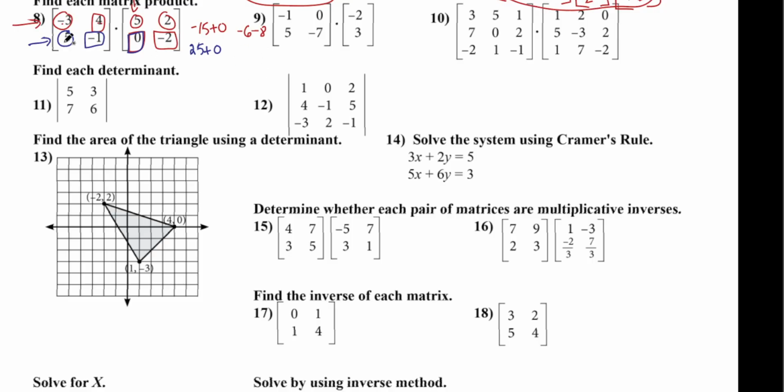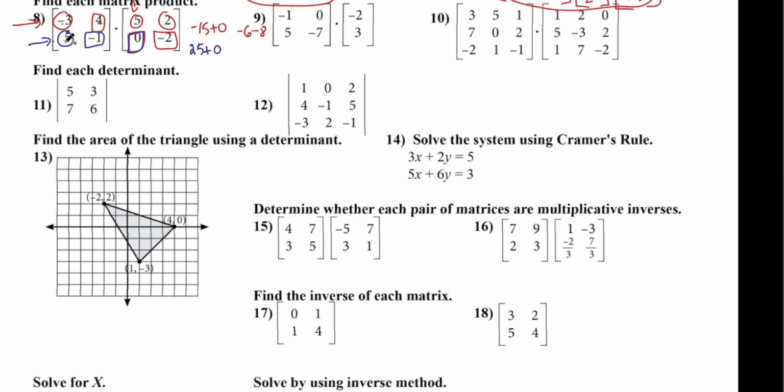Then we do the next one over, and we multiply it by these. So we're going to take that negative 1 and multiply it. I'm sorry, yeah, we did the 5. I got to get used to this myself because it's been months since we've done this.